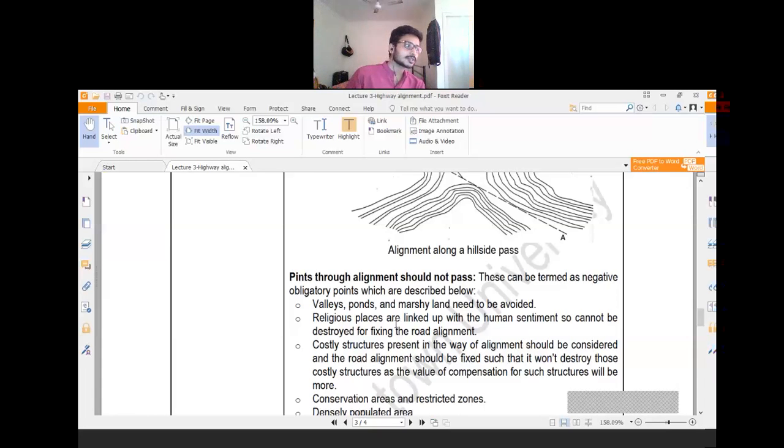Why? Because if you go through that area, you need to construct some culvert or bridge, or you need to treat the soil, and the cost would be considerably high. So you always have to take the alternative.